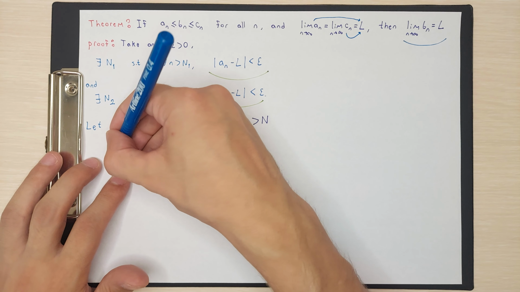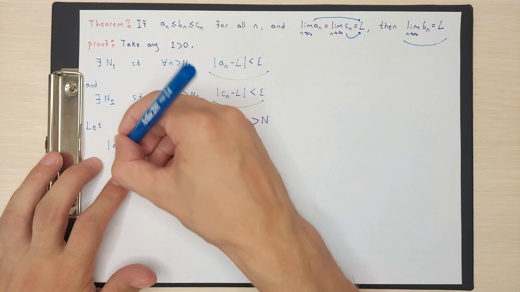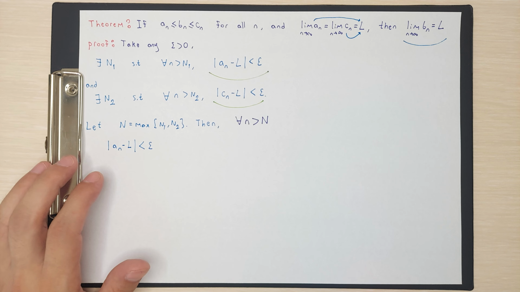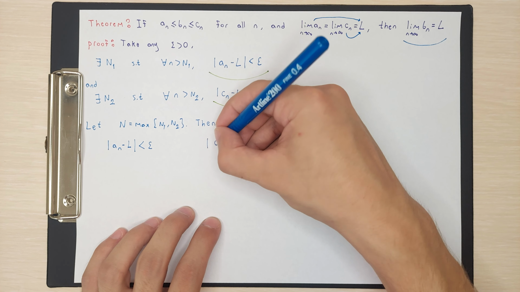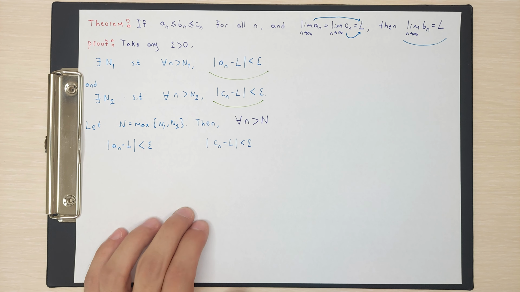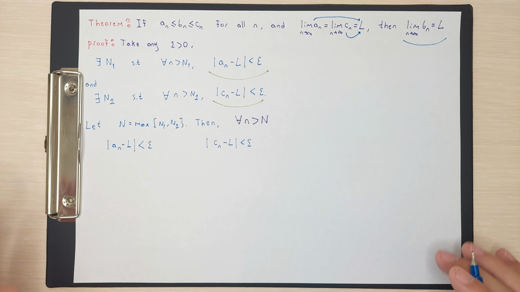What were they? The first one is the absolute value of an minus L is less than epsilon. And the second one is the absolute value of cn minus L is less than epsilon. You remember the definition of absolute value, right?